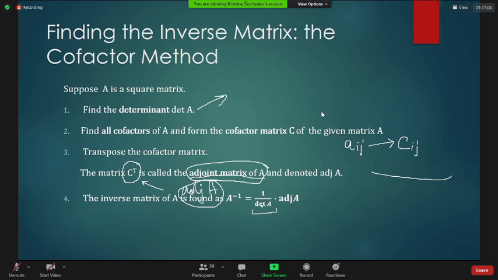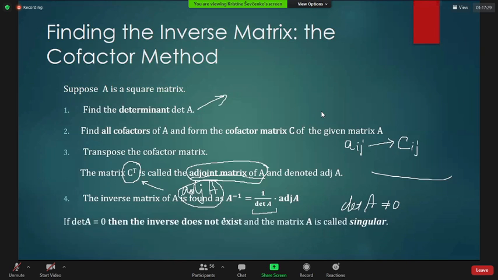There's one thing, of course. If the determinant of the matrix is 0, then the division is impossible. We cannot divide by 0. So the determinant of the matrix cannot be equal to 0. If it is 0, then evidently the division is impossible and the inverse does not exist. We call this matrix, in that case, singular.